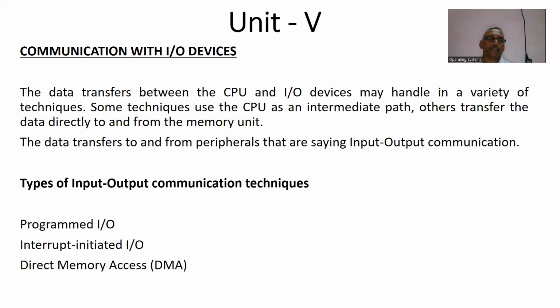Others transfer the data directly to and from the memory unit. The data transfer is to and from peripherals that are sharing input-output communications. The types of input-output communication technique: programmed input-output, interrupt initiated input-output, and direct memory access.